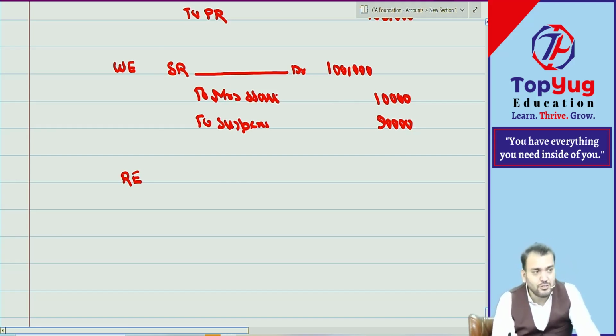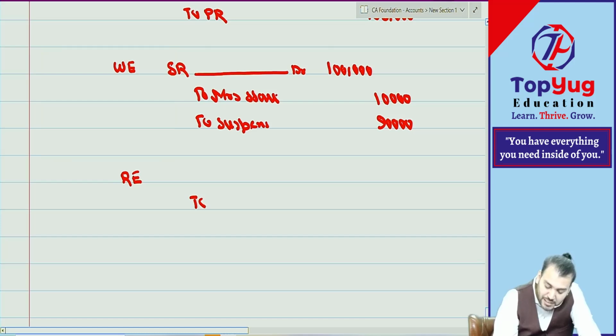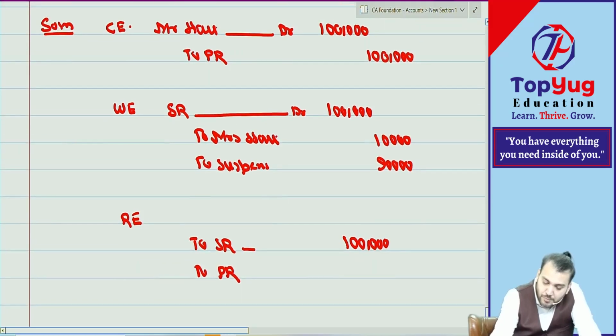If you have done these two correctly, tell me what you'll do. Sales return will be credited, to purchase return will be 1 lakh. Understood?